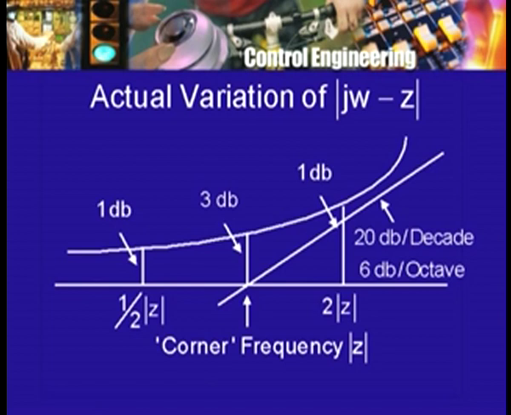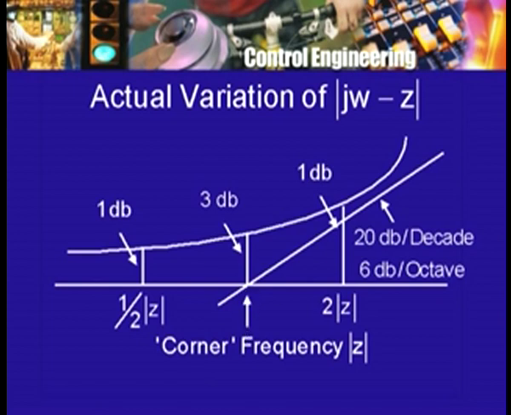And if you go 1 octave above, that is, take a frequency which is double the corner frequency, then here also the error is just 1 dB. So, if you want to plot this approximation in such a way that it is a little better, then you choose this point 3 dB above the corner frequency, choose this point 1 dB above a frequency which is 1 octave below the corner frequency, that is 1/2 of the corner frequency.